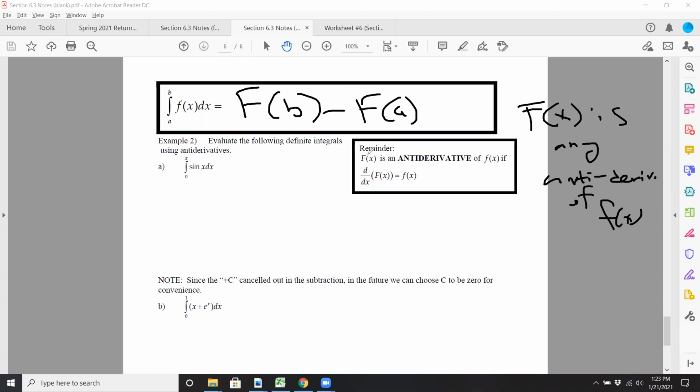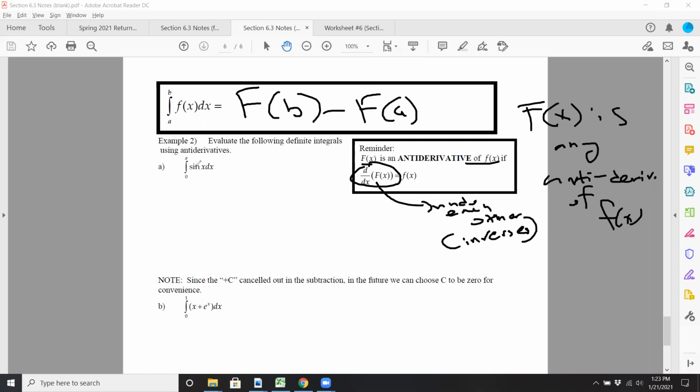By the way, capital F of x, again, we say is an antiderivative of little f of x, and the derivative of the antiderivative gets you back to the original. So these kind of undo each other in a way, or they're like inverses, which will be a huge point of discussion next week.